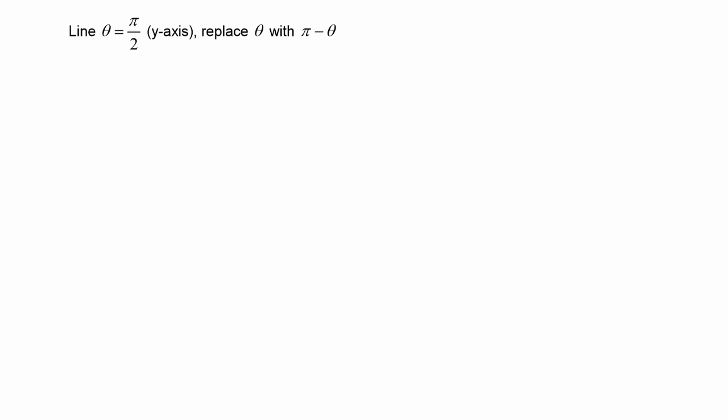Next, we will test for symmetry to the line theta equals pi over 2, which we know is the vertical axis. In rectangular coordinates, we call that the y-axis. And the test is that we replace theta with pi minus theta.